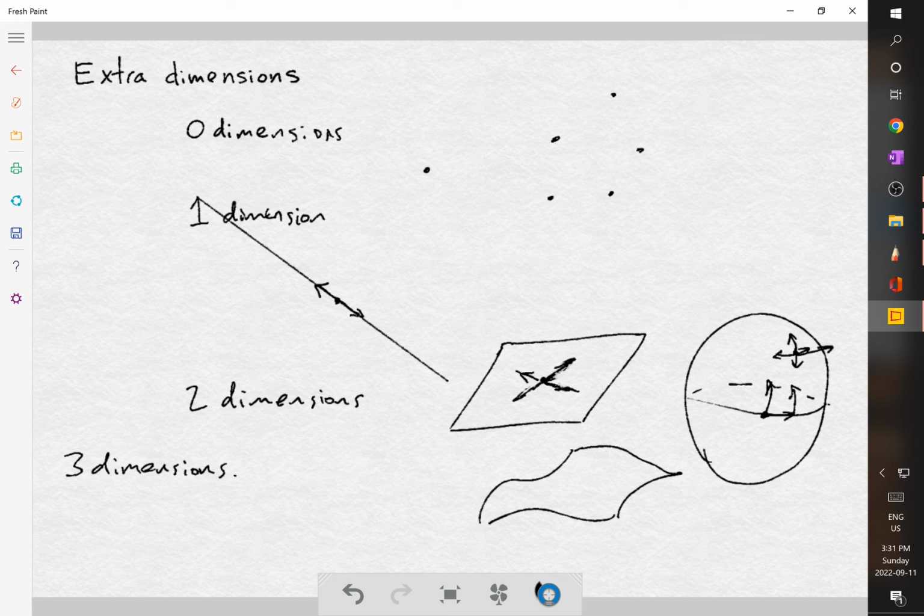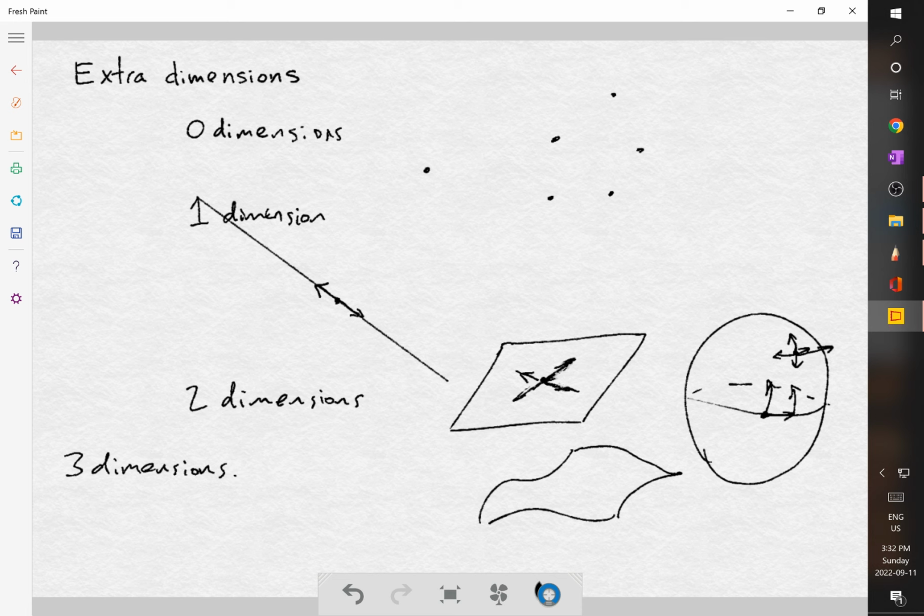A different way to describe what it would mean for a space to have a certain number of dimensions is that it is like the number of numbers you would need to give coordinates for the points in that space.